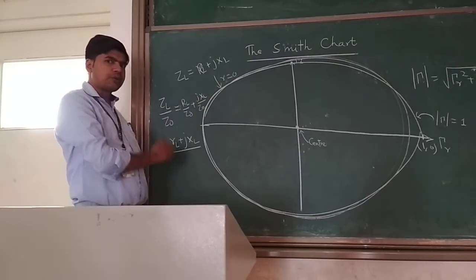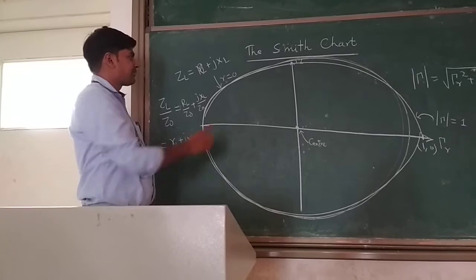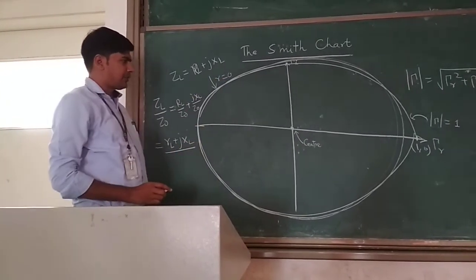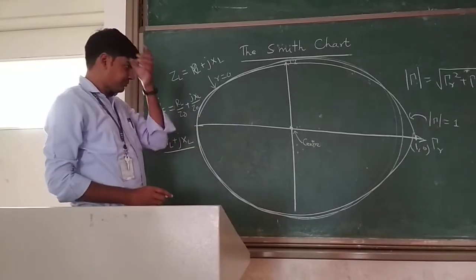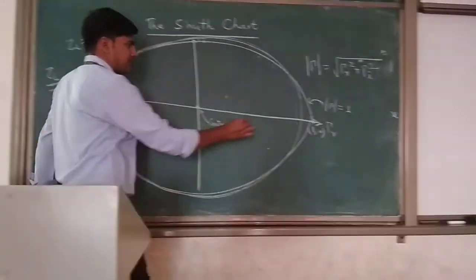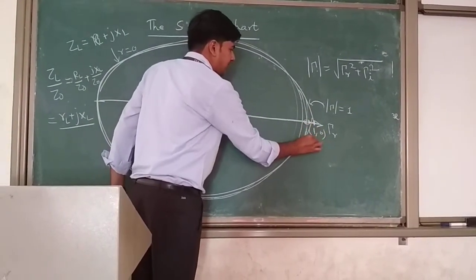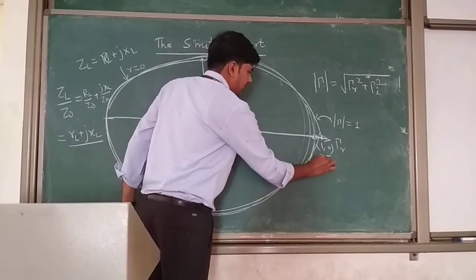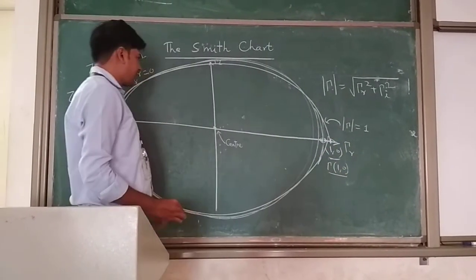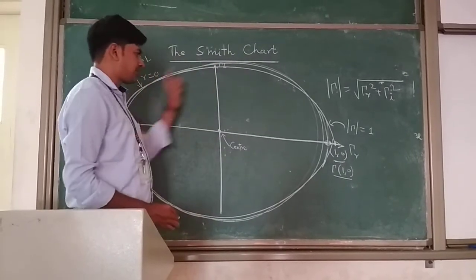RL is for only load representation, but since we are going to make the impedance plane, we can write in general R equal to 0. That is the outer circle. After that, all the circles will pass through this point, the gamma 1, 0 point. So all the resistance circles will pass through 1, 0.